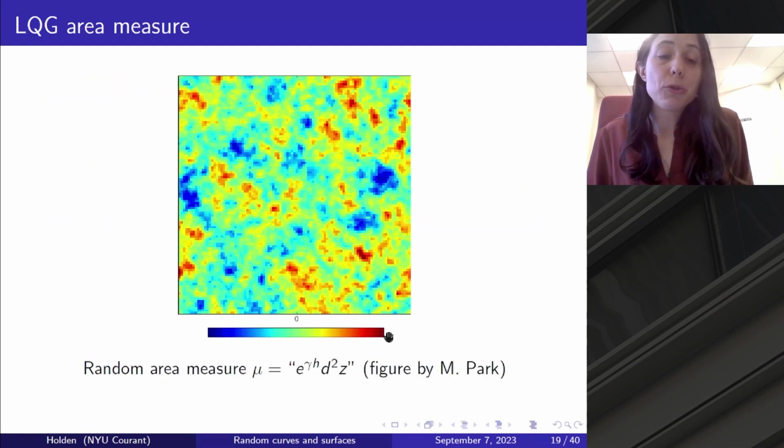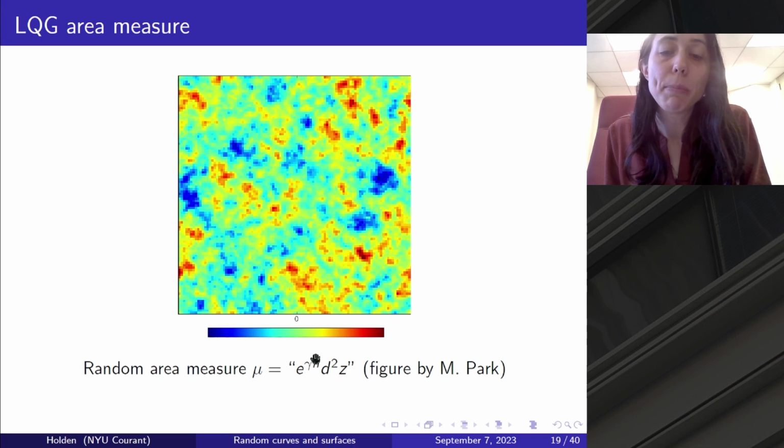Okay, so this is an illustration of the LQG area measure. This is the random area measure whose density relative to the Lebesgue area measure is heuristically given by e to the power gamma h, where h is a variant of the Gaussian free field. The different colors here, heuristically speaking, you should think of as the density of the random measure relative to Lebesgue area measure.